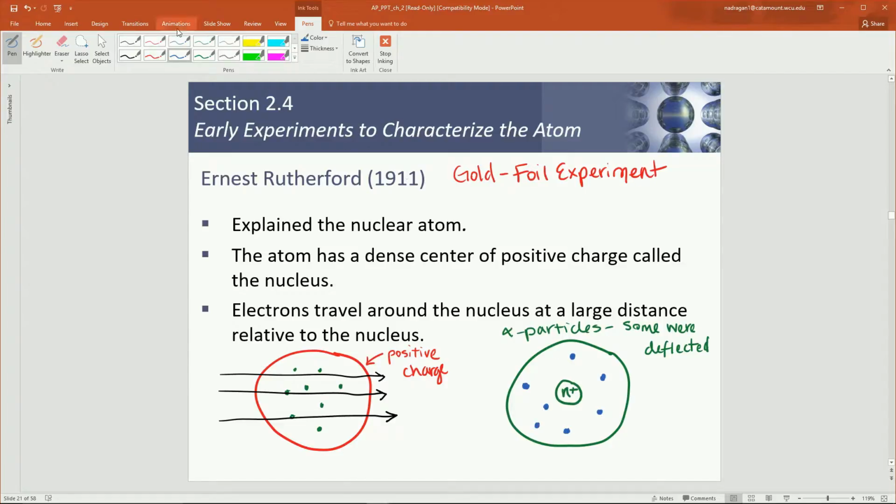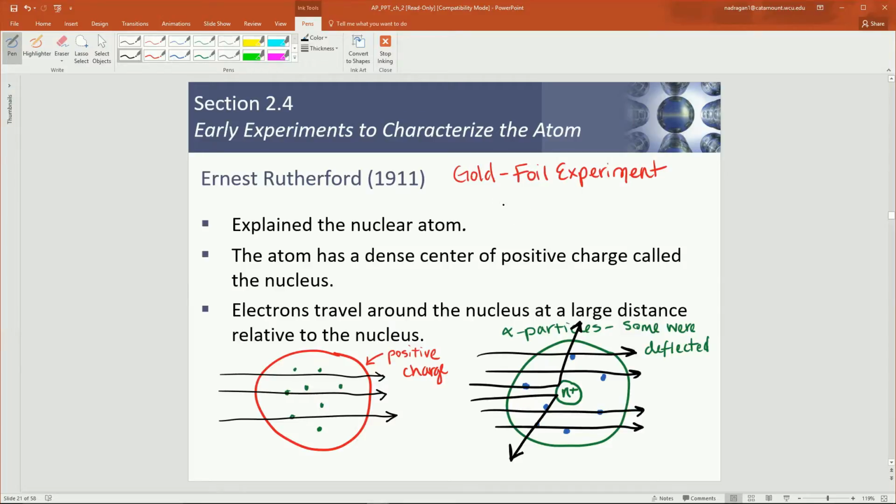In Rutherford's experiment, some of them went straight through without any problems, but some of the alpha particles were deflected. That means that they were hitting a positively charged area.